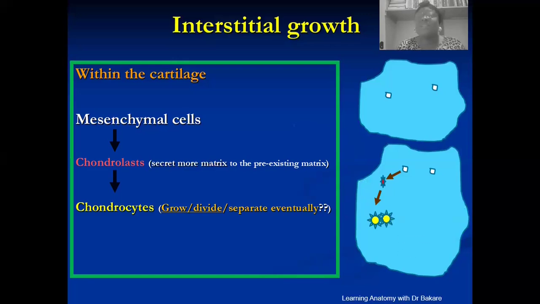This group of cells is referred to as the isogenous cell or the nest cell. So you see that the mature chondrocyte will further grow and also increase in number and in size. They are located within the lacuna, and this lacuna is what is highlighted here in white. These cells may further divide and become independent, staying within their own lacuna. And this is what is exhibited here in this image.